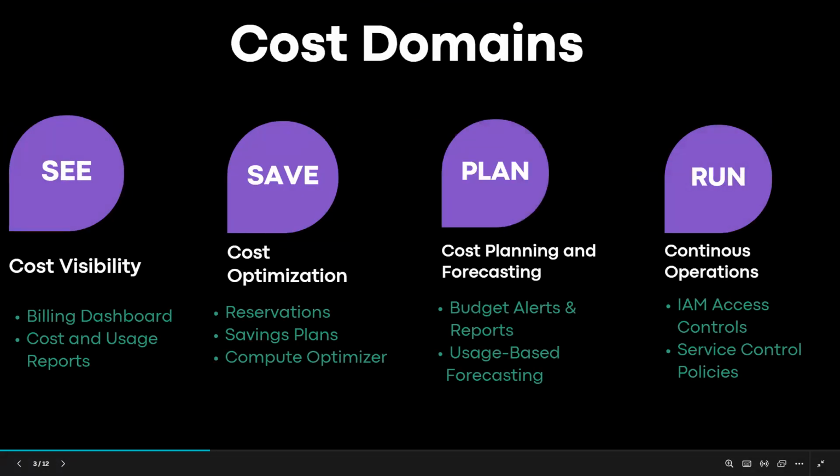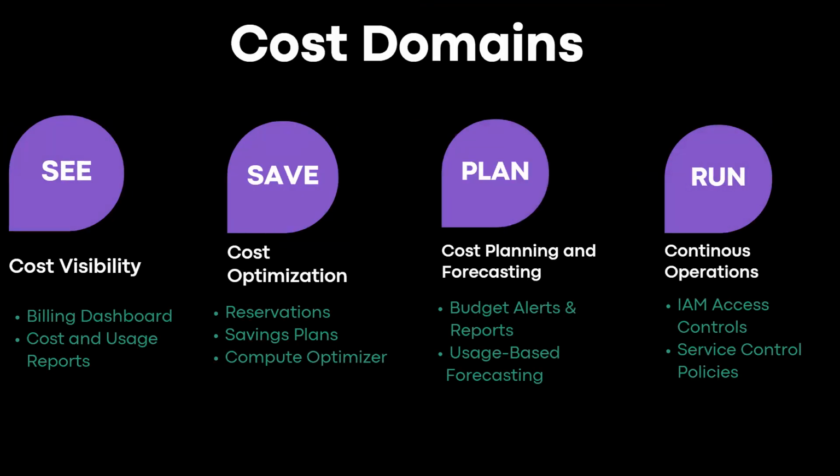Okay, so cost domains essentially are the different aspects of cost that you need to be aware of, and there are 4 key cost domains in AWS. So first things first, you need to visualize your cost.